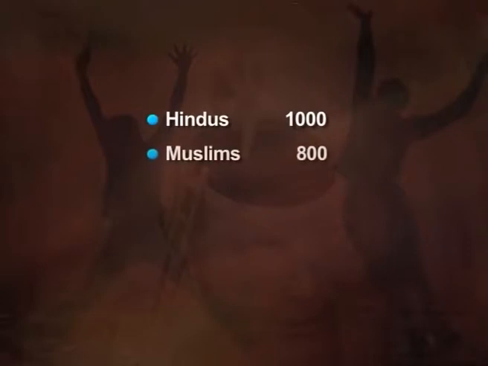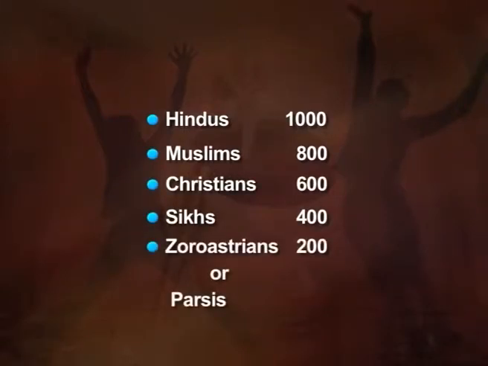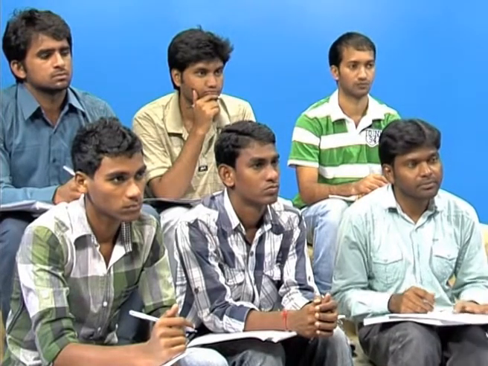Consider an example where a population of 3,000 individuals from 5 different religions reside in a particular place. Suppose that there are 1,000 Hindus, 800 Muslims, 600 Christians, 400 Sikhs and 200 Zoroastrians or Parsis. The researcher is interested to collect a sample of 300 individuals from this population.